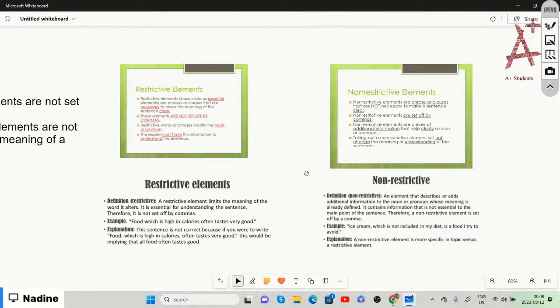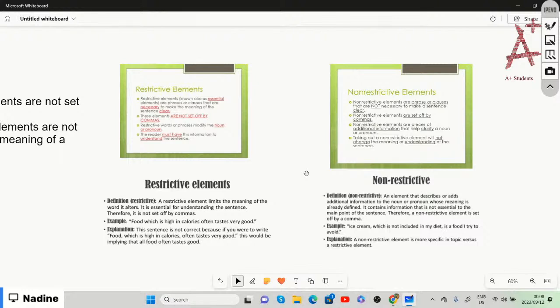And non-restrictive elements are pieces of additional information that help clarify a noun or a pronoun, whereas restrictive elements are words or phrases that modify a noun or a pronoun.